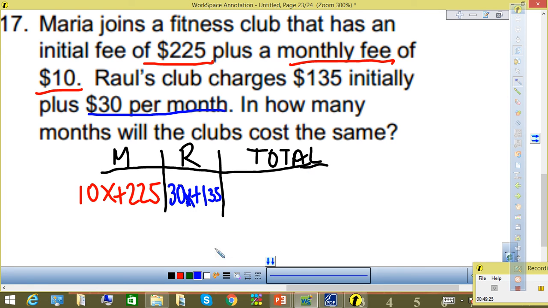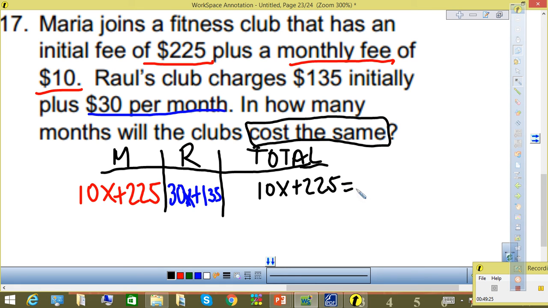So then here's the key for where we have the total over here. It says, in how many months will the clubs cost the same? That means this club, the same as this club. How do we write that? 10x plus 225 equals 30x plus 135. And then we solve. Where do we start? Minus 10x, minus 10x.